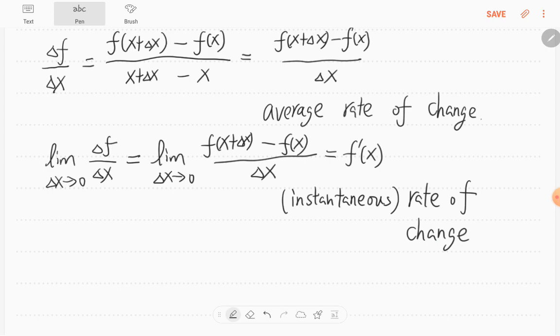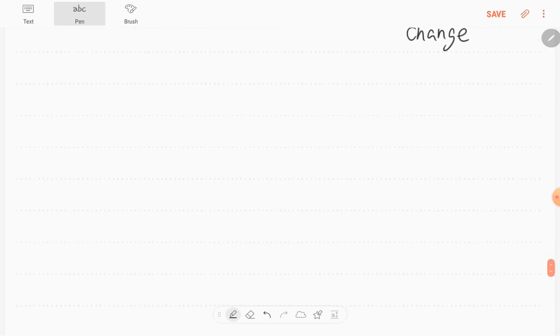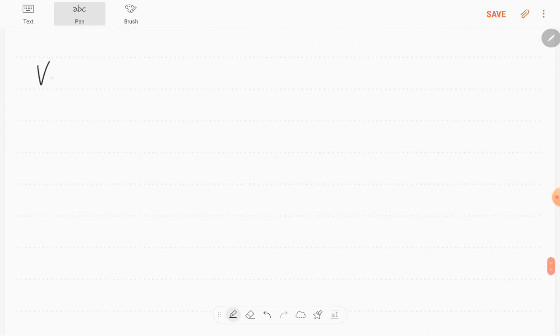Okay, so while it's called the instantaneous rate of change or rate of change using this limit, let's look at an example for the rate of change, which is the velocity in physics. This is a very good example.